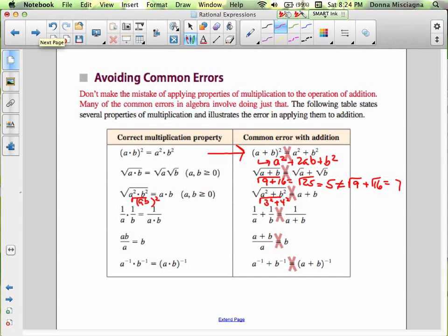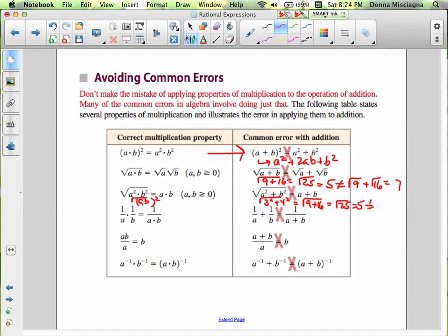We know that 3 squared plus 4 squared is equal to 9 plus 16, which would be equal to the square root of 25, which is 5.